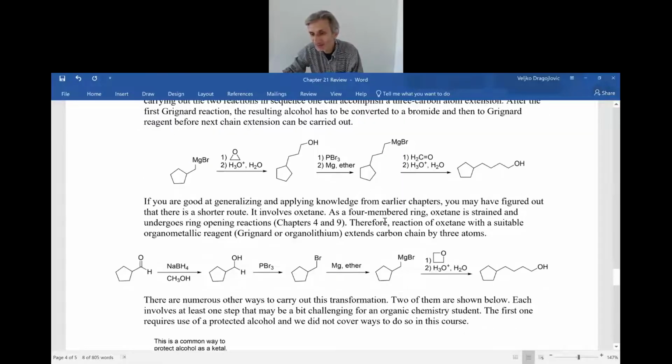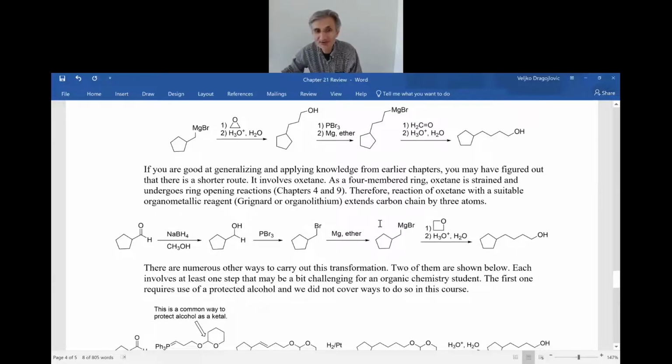Now, some of you may be able to figure this out if you're good at generalizing and applying knowledge from earlier chapters and maybe a previous course. There is actually a shorter route, and that route involves oxetane. That's because four-membered rings are strained and undergo ring opening reactions. We covered that earlier in Organic 1, in chapters 4 and 9, I believe.